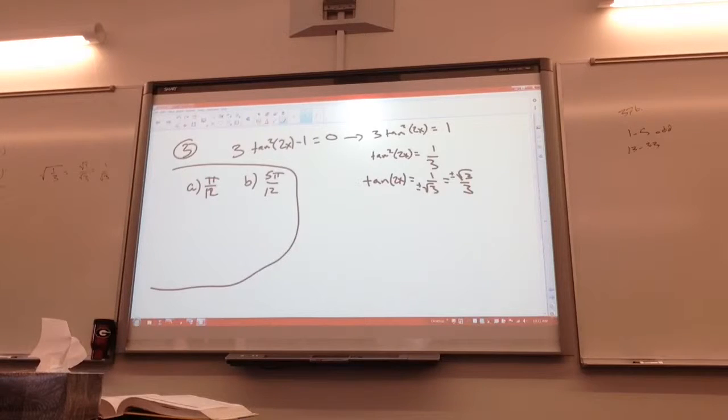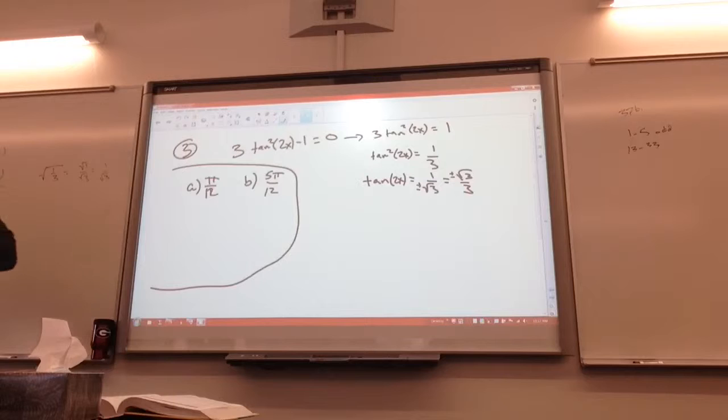Now, if I were solving this with a calculator, what would I do from here? Okay, how do I get the tangent? How do I get the 2x out of the tangent? Divide both sides by 2?